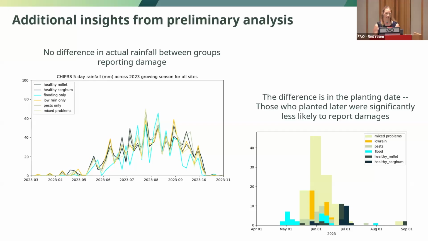So the people who planted later were significantly less likely to experience damages. And also the lighter yellow color, the big peak there, are farmers who experience both low rainfall and flooding. So if you plant at the wrong time, you get all the bad weather.